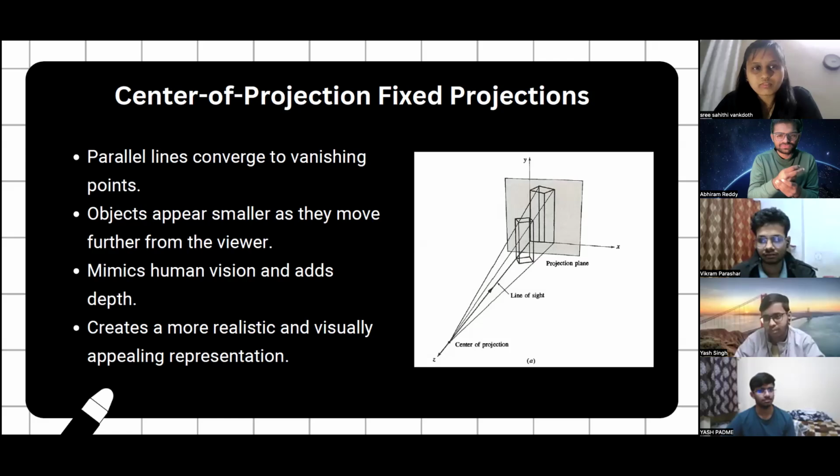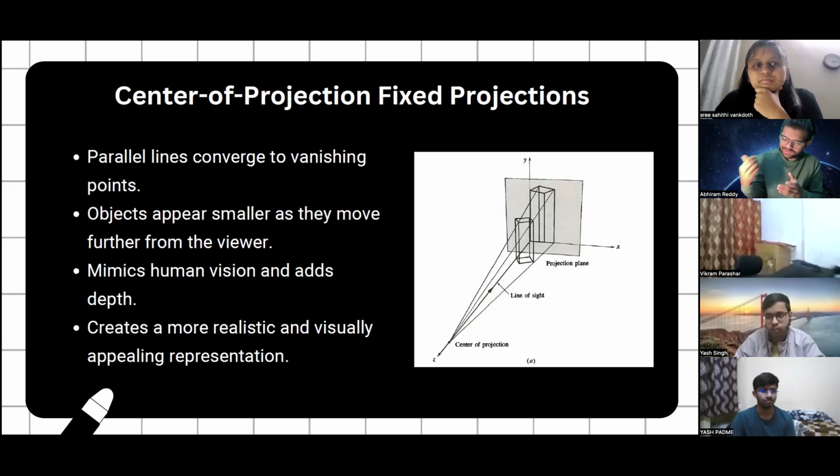As you move objects farther and farther, they appear smaller and smaller. This mimics human vision and adds a sense of depth to your perception for the camera or the eye. It also creates a more realistic and visually appealing representation in applications like games and modeling. Next slide.